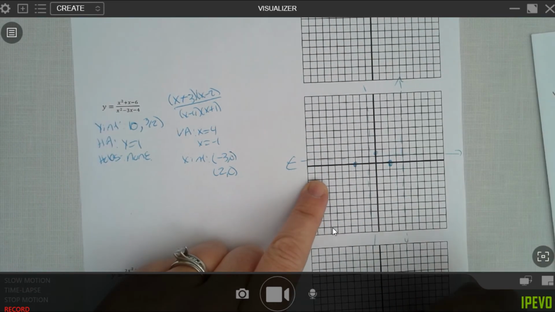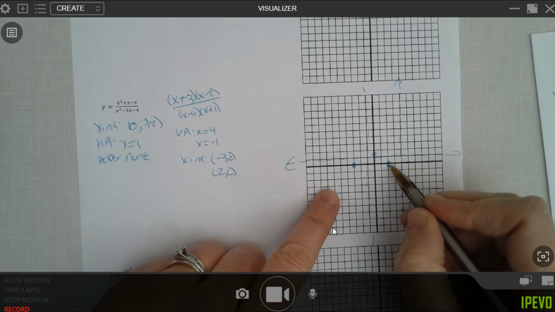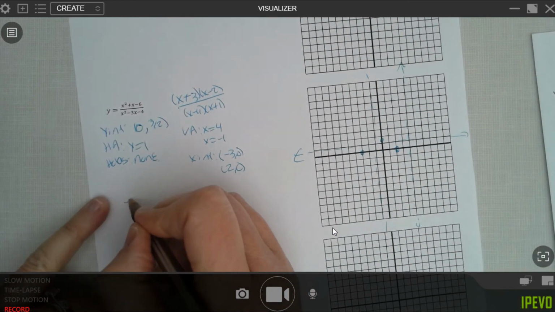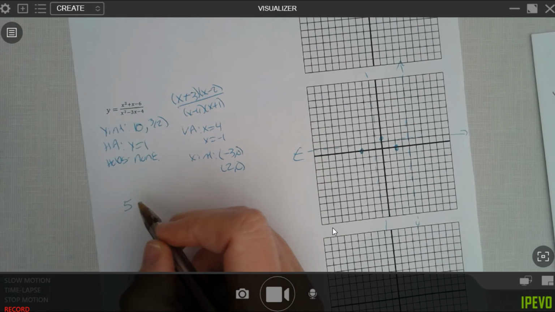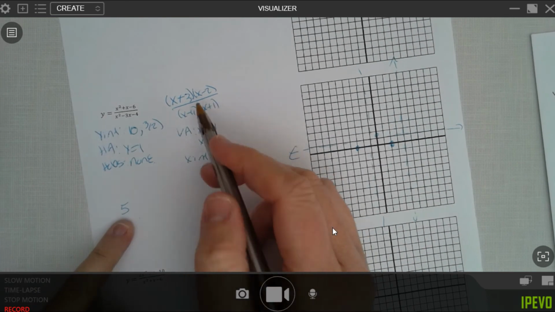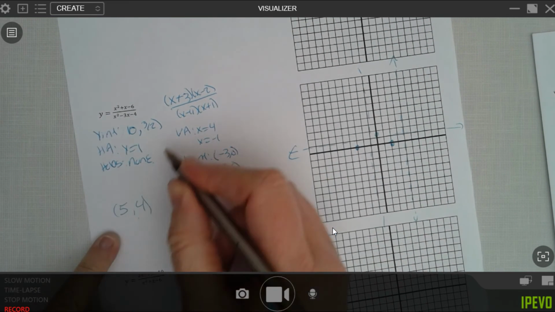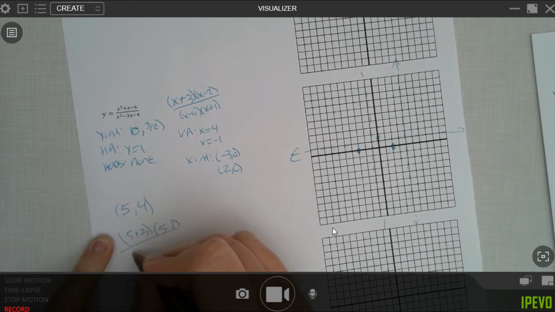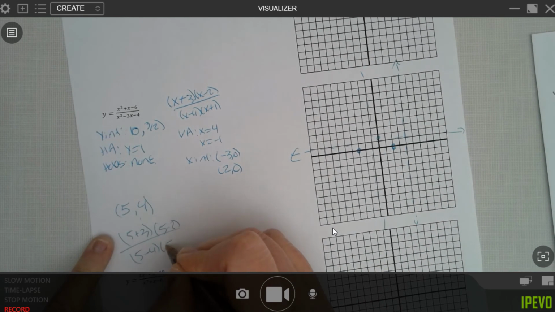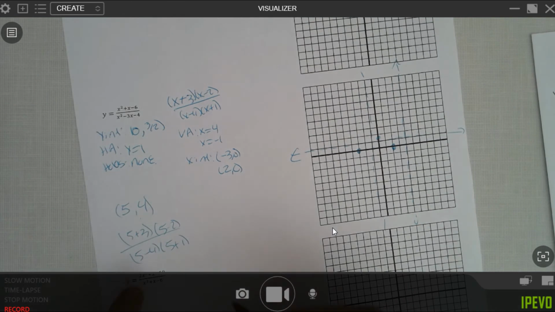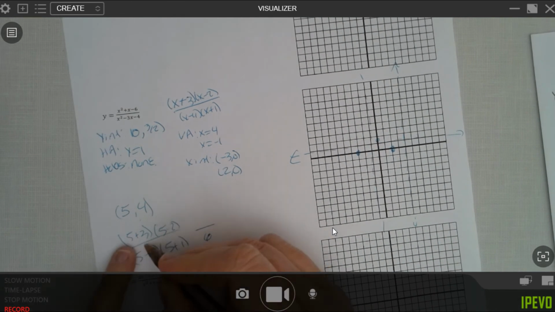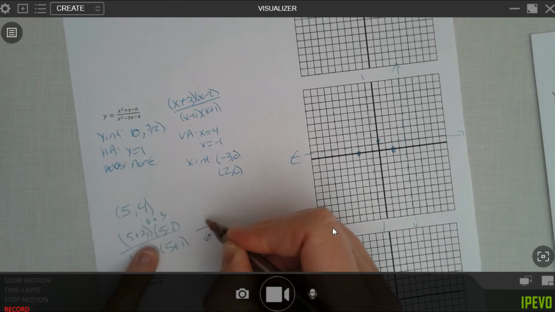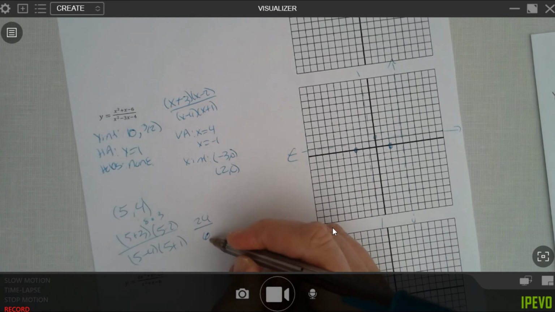But you can always check another point. So let's check our last point, which I'm going to plug in 5 into the equation. So when I plug in 5 up here, I'm going to get 4, because you'd have 5 plus 3, 5 minus 2, 5 minus 4 over 5 plus 1. So that gives me 6 on the bottom, 8 times 3 is 24, 24 over 6 is 4.